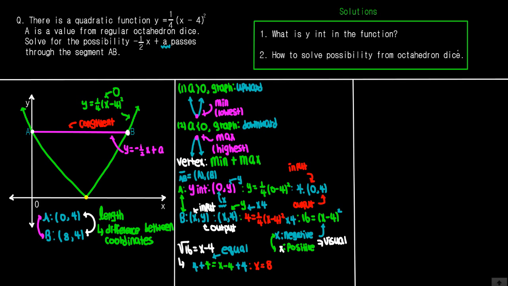if you think about the y value, which is going to be our linear function, there is no difference. But if you think about A and B, there are differences, which can be either 8 or negative 8.